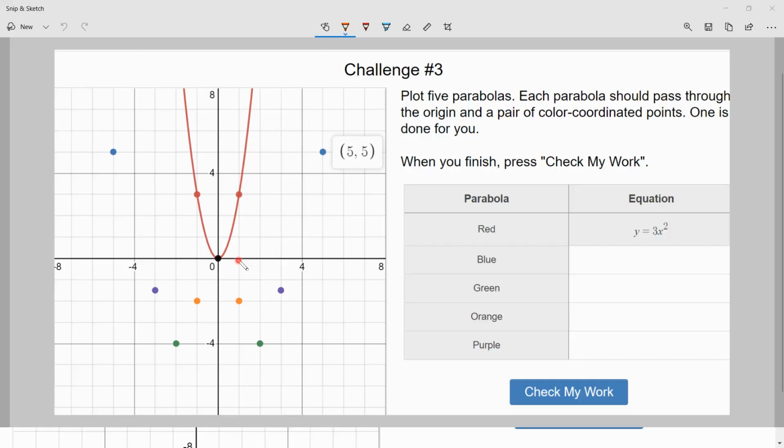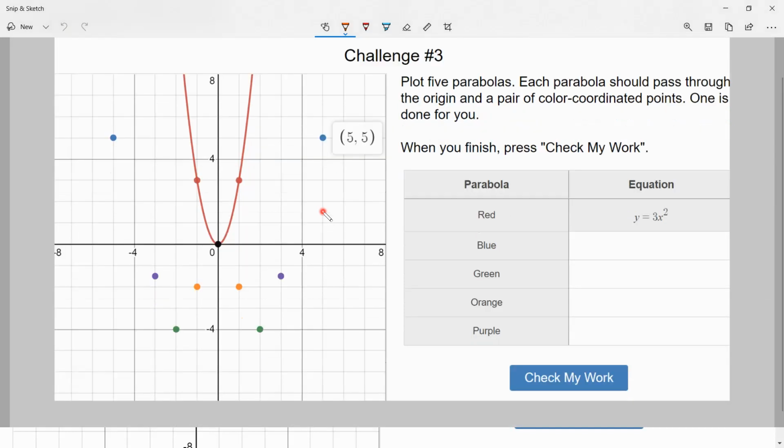So if I take 25, which is how high I should have gone up, times some a, and I end up going up only 5, I could actually solve that. When I divide both sides by 25, I get 5 over 25, or 1/5. So that's what my a is.